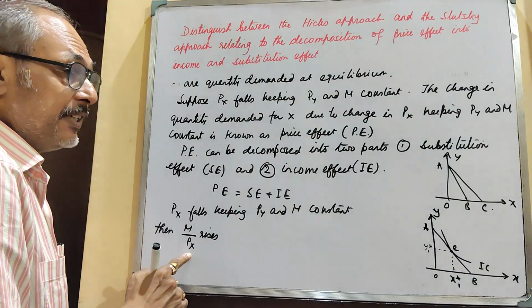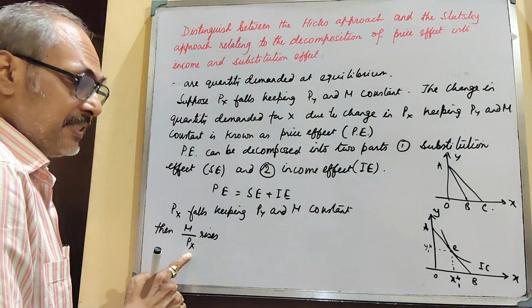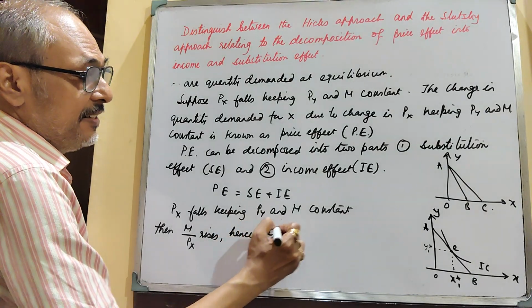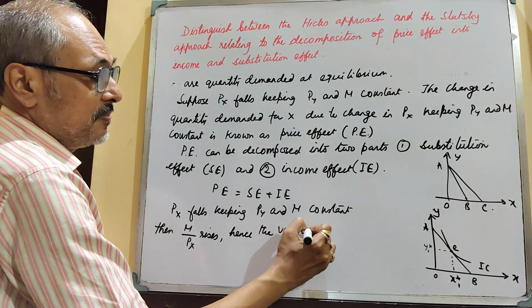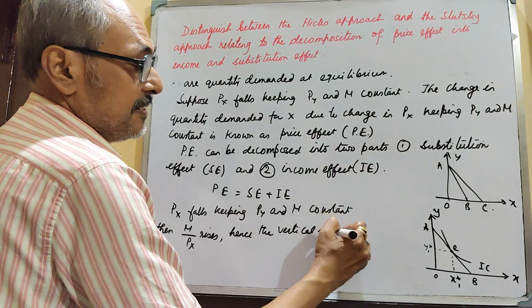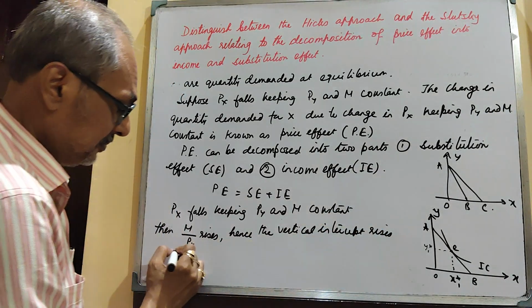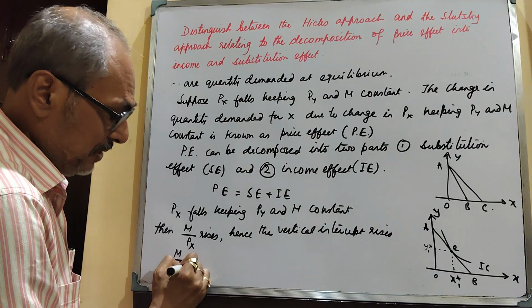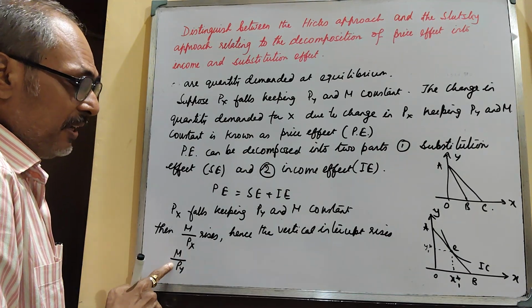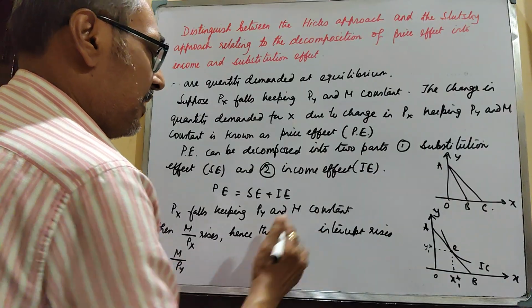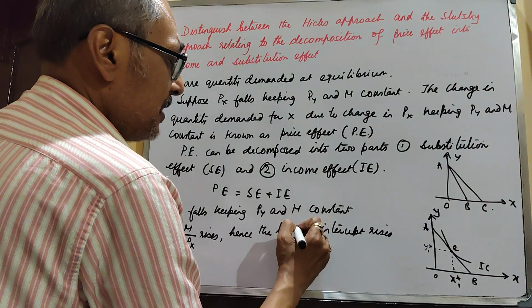This is the horizontal intercept of the budget line. Hence, the horizontal intercept rises.